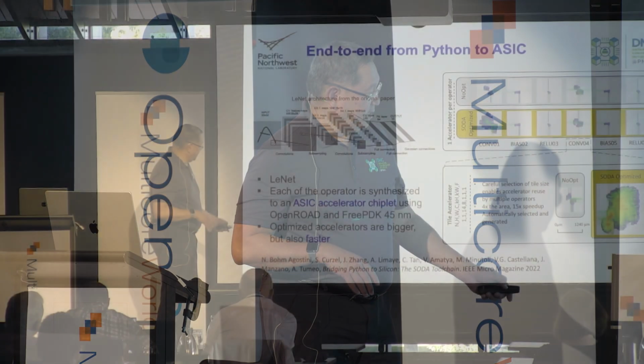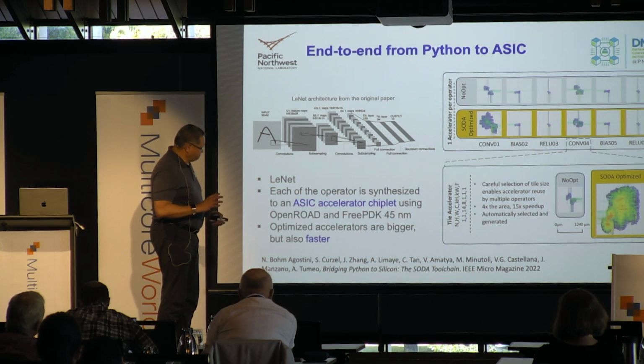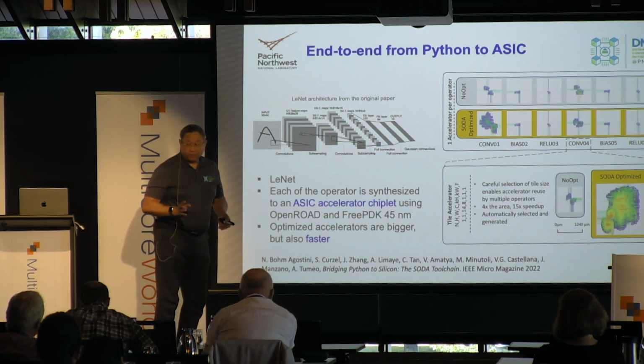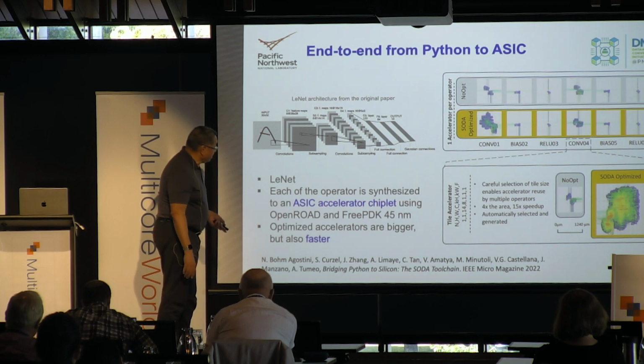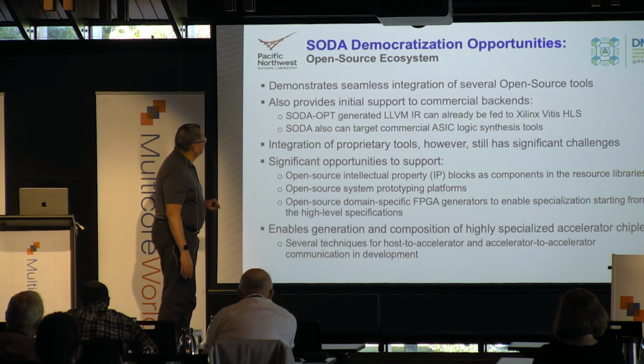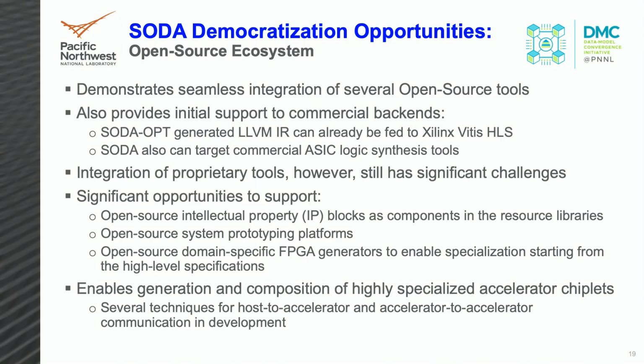In our optimized flow, we'll use more area, but the key thing is that these optimized accelerators actually run faster. So I'll come back to the ecosystem. This is actually my connection, I think, to the multi-core world and the interest in open sourcing. So our tools are all open sourced.